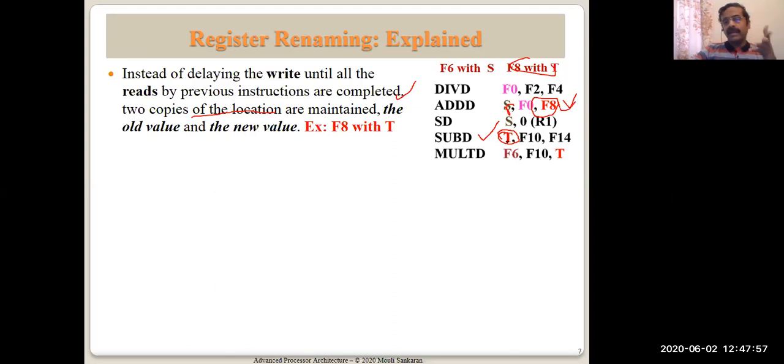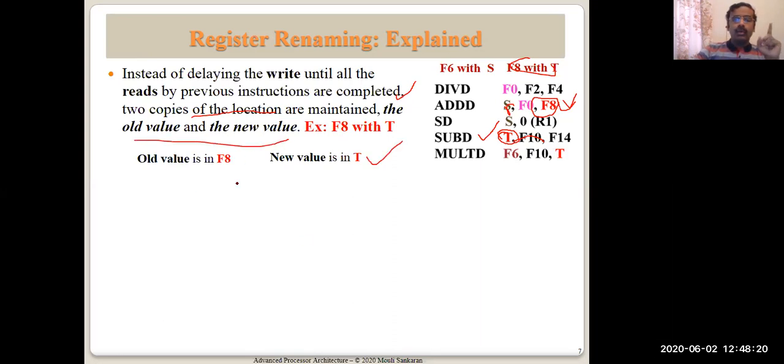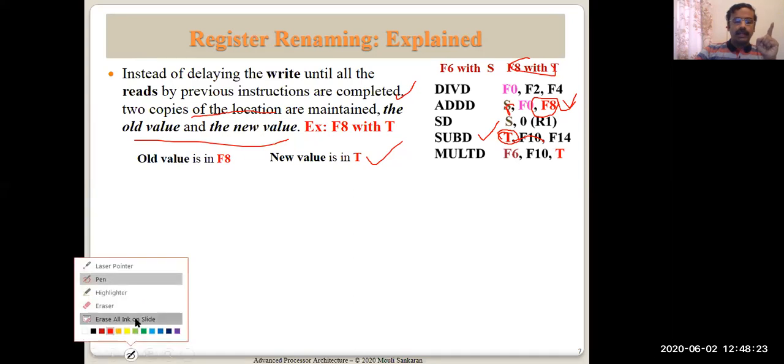F8 is not going to have the same value as T. T is going to have this added value, where F8 will have the previous value, computed by the previous instructions. So we are delinking it. In fact, we have removed the dependency between them. The old value was in F8, the new value is going to be in T. That is what I am saying. We are having two locations to hold the copies of old and new values.